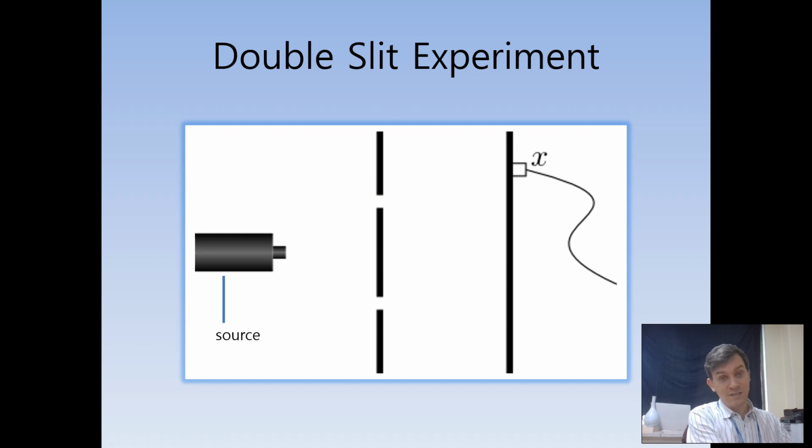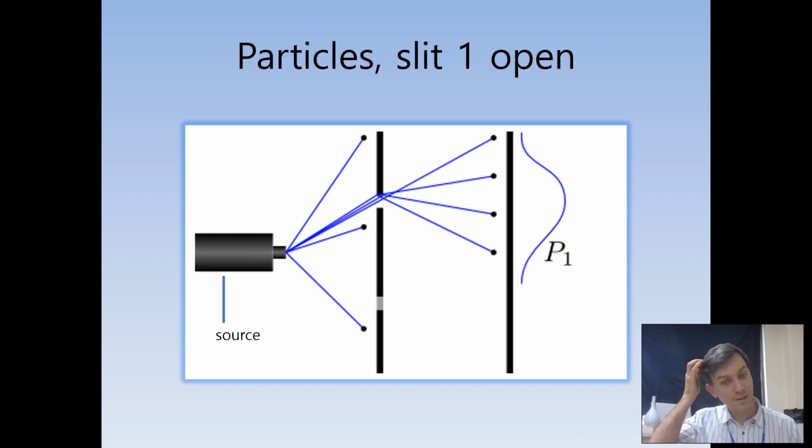Right, so this presentation is going to describe what you would expect classically from particles and waves, and then we will see how we can combine these descriptions to make a description for these quantum particles, these electrons. Okay. So first of all, this is a picture for classical particles. What would you expect to see? So here the source is like some sort of gun and it's firing particles in a range of directions.